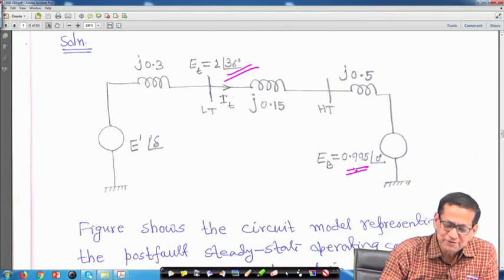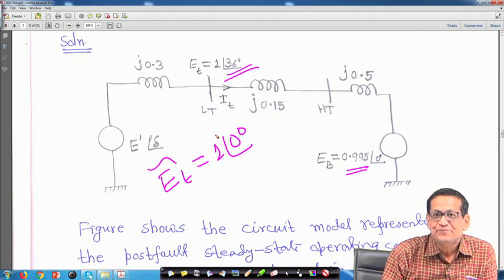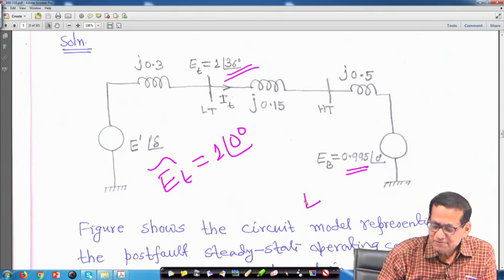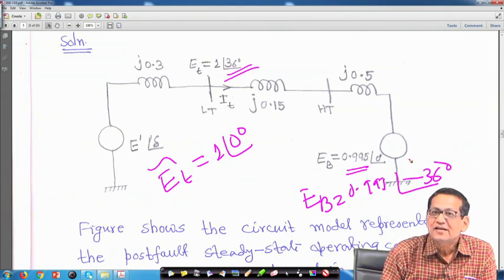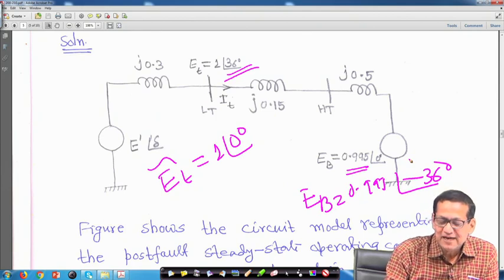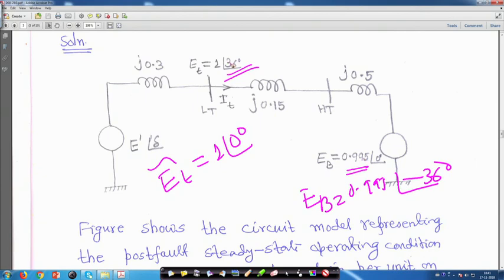Now, if I take E t as the reference, E t equal to 1 angle 0 degree, then this E b will be 0.995 angle minus 36 degree, because ultimately either E t is leading E b by 36 degree, or E b lags E t by 36 degree. The meaning is the same. If I take this as 1 angle 0, then it will be minus 36 degree.